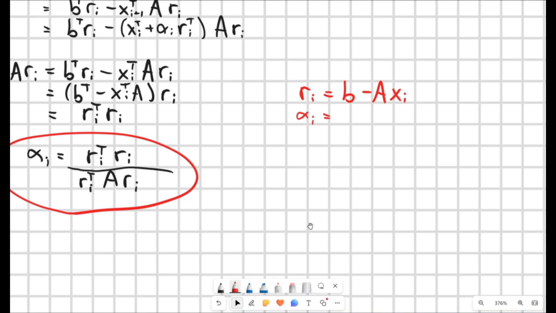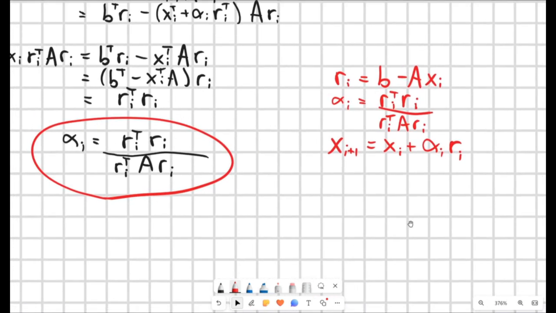The distance we're going to move is given by Ri transposed Ri divided by Ri transposed A Ri, exactly as we've written here. And then we make the move. We say that x(i+1) is equal to xi plus alpha i times the residual. Okay, and that is our steepest descent algorithm.